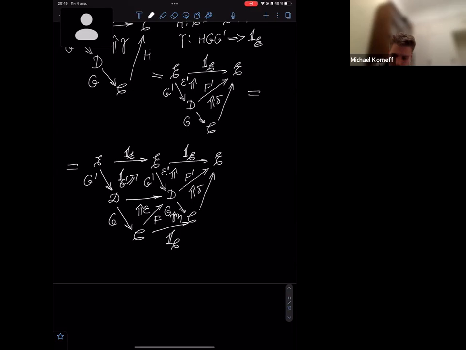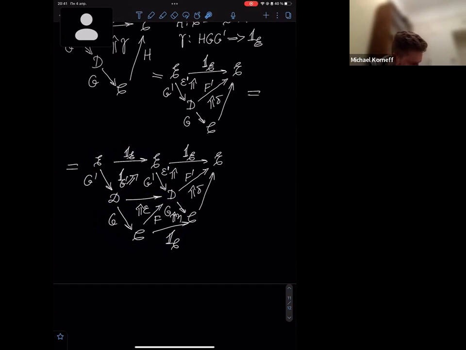Okay. This one is a trivial quadrilateral. We can add it, and this one is equivalent to a trivial quadrilateral because of a triangle identity.